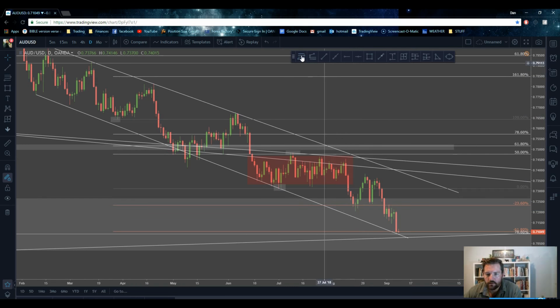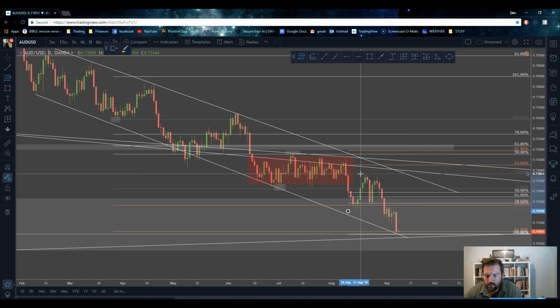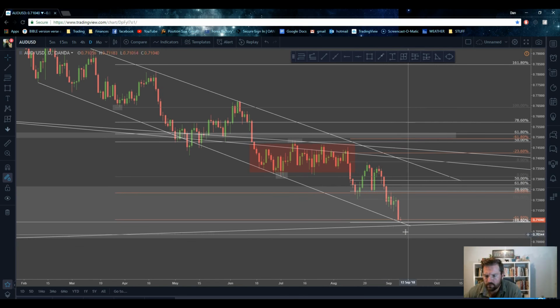Alright, and if we look at this as a potential ABCD pattern down into these areas, these levels down here, we can see that ABCD pattern essentially completes where we're at right now. Okay, it looks like we're front running it just a hair. As of right now, we may still continue to push down a little bit, but we're there essentially.